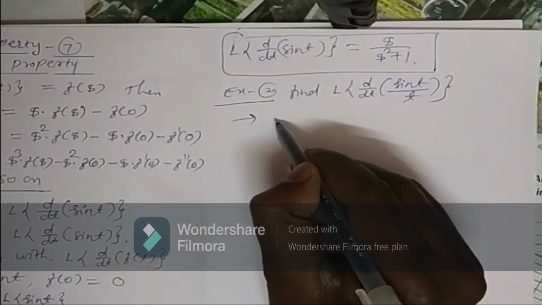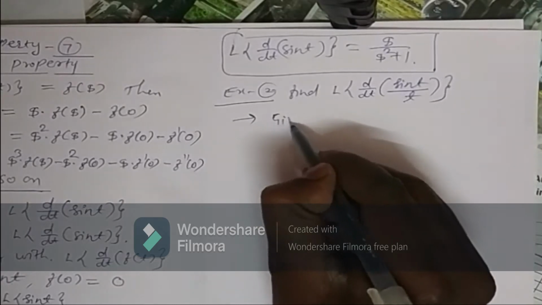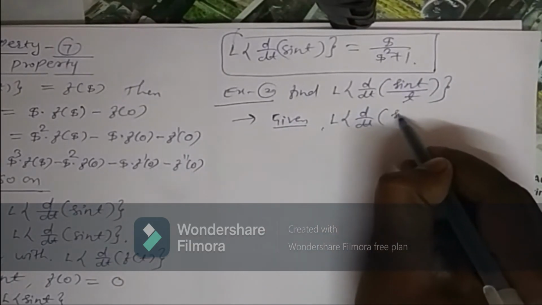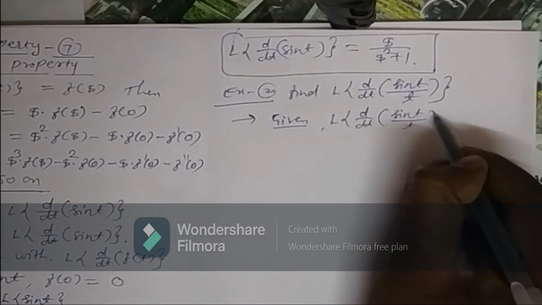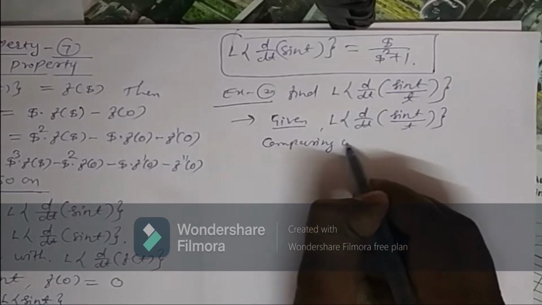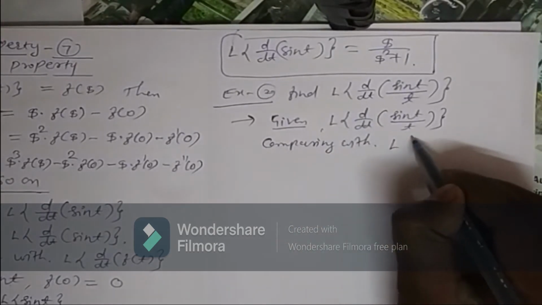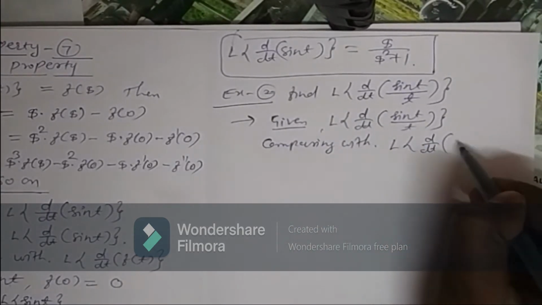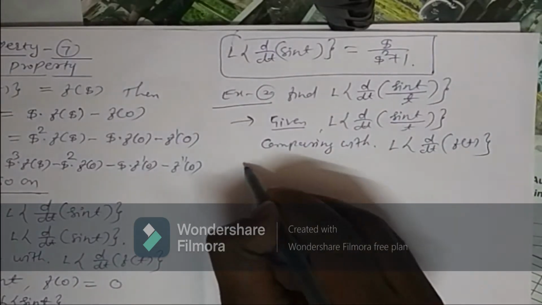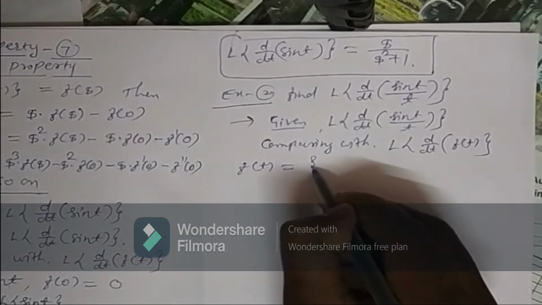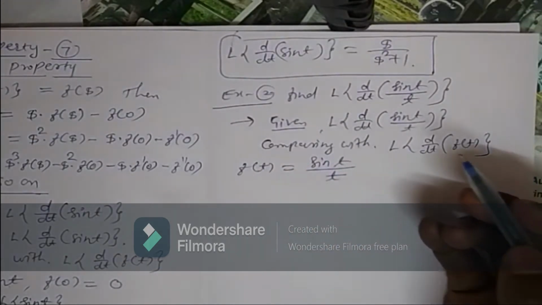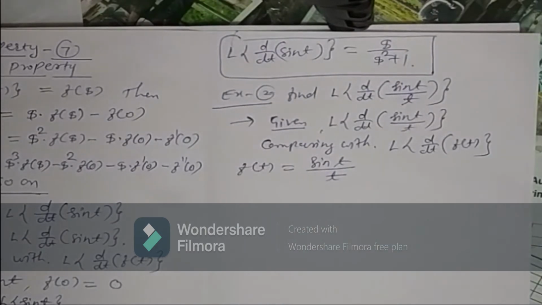Given: Laplace transform of d/dt of (sin t upon t). Comparing with Laplace transform of d/dt of f(t), the value of f(t) here is sin t upon t. So that means we have to find the Laplace transform of sin t upon t.